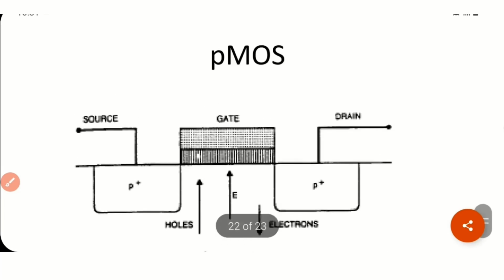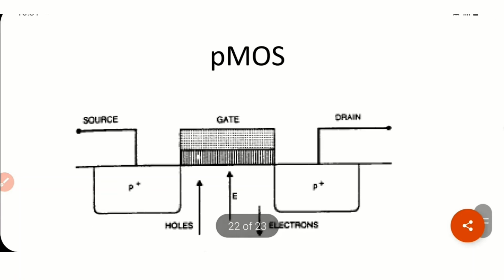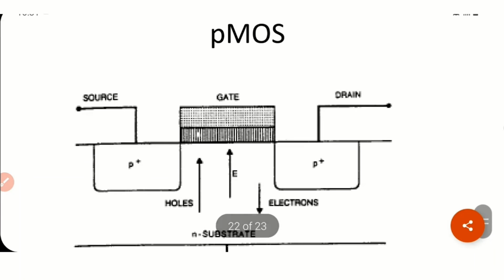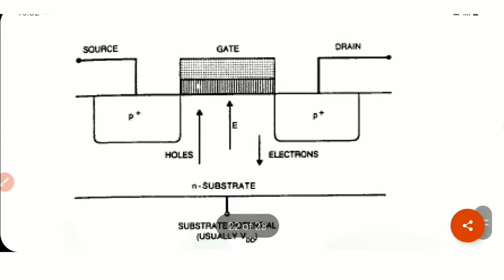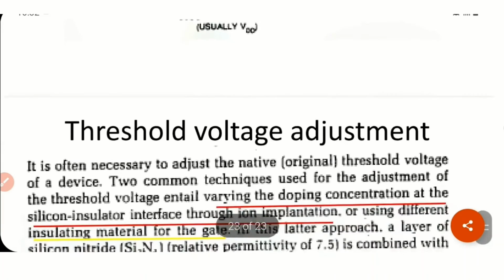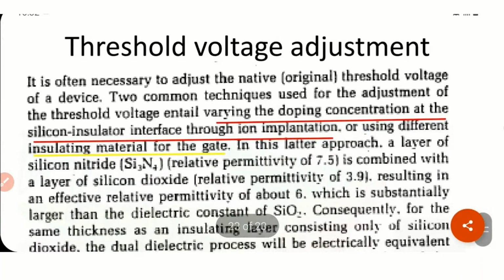So that was for NMOS. Similarly, the PMOS. In PMOS, everything will be the reverse. Now you are having the N substrate and the P dopings for source and drain. Gate will be in the center. So the same things you have to do for P.